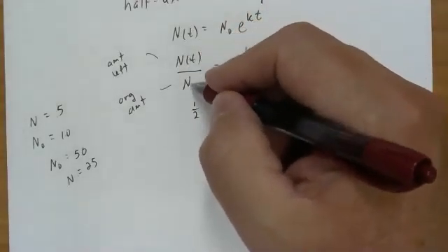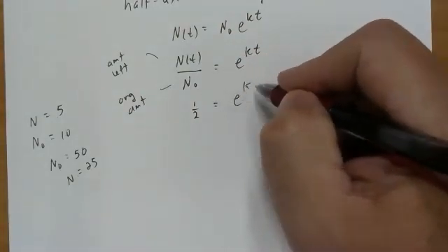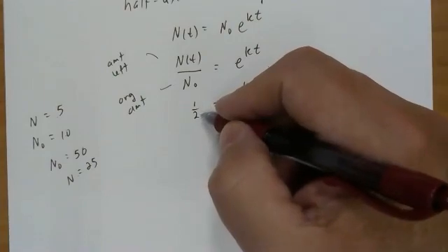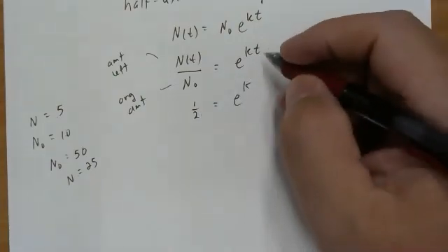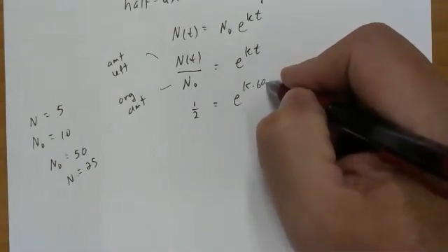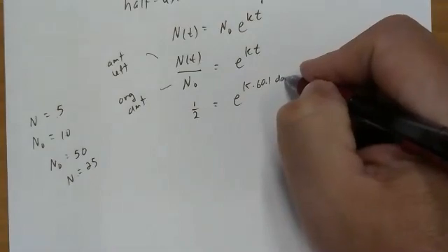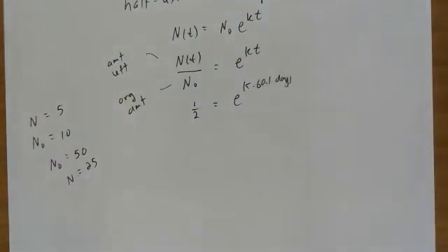I just know this ratio is always 1/2. So here's this equation, and the half-life time is 60.1 days. So I can put in 60.1 days for T.